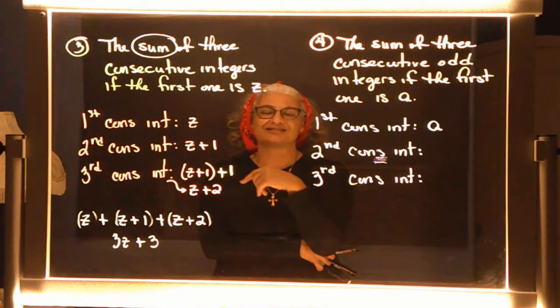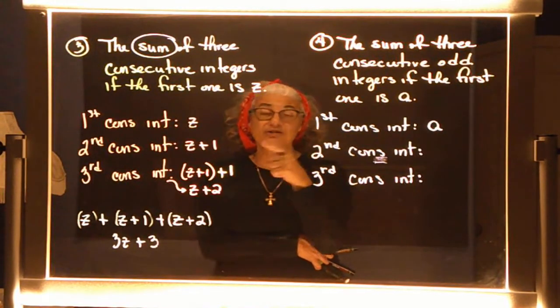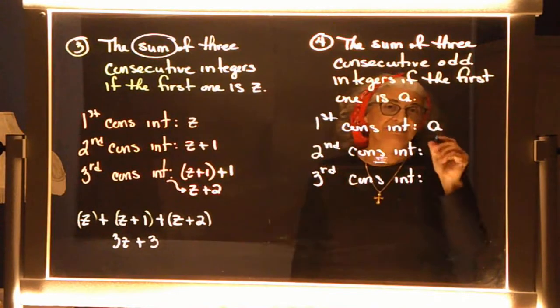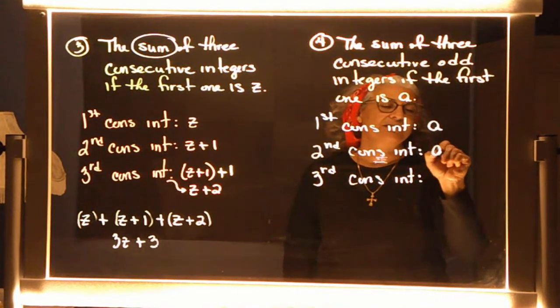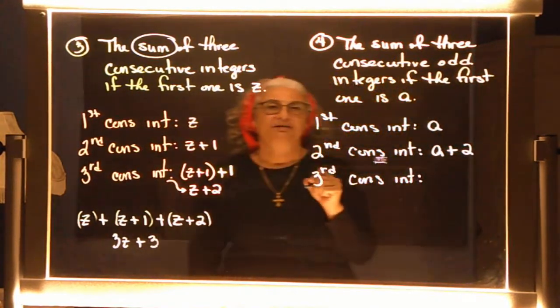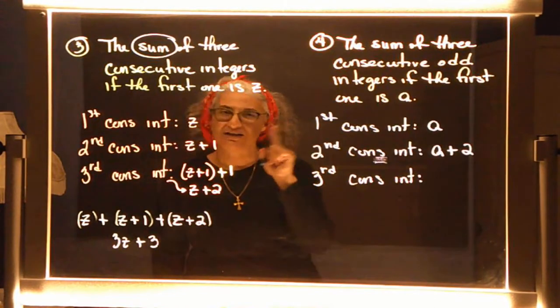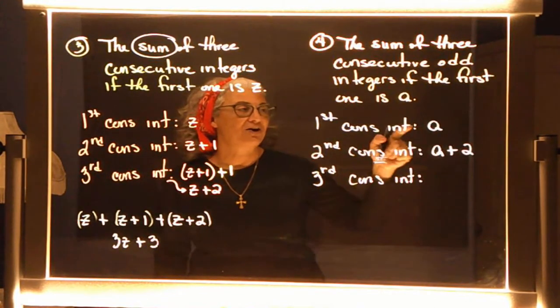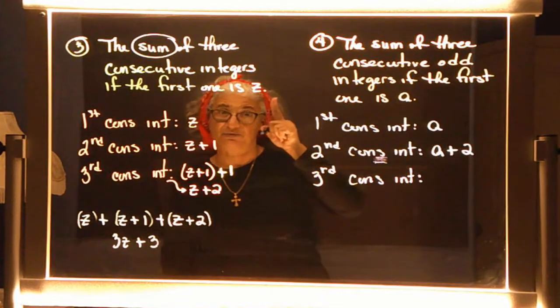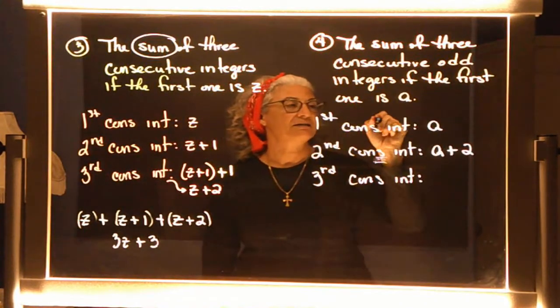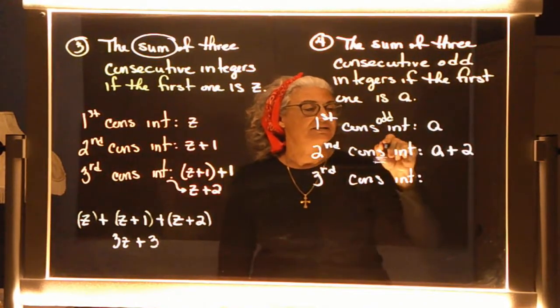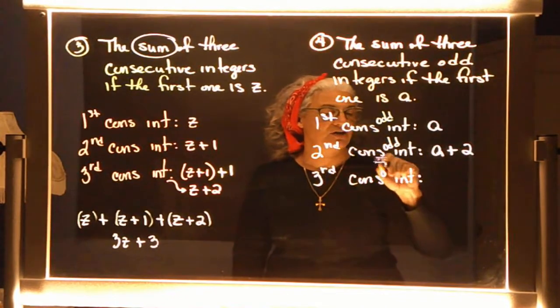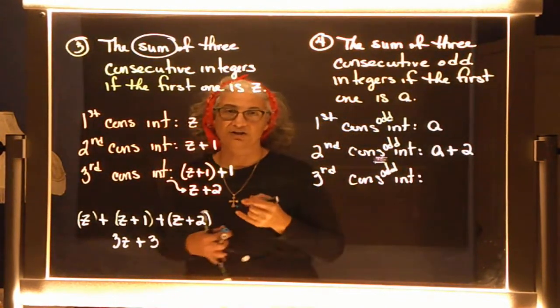Good, I heard you guys. Add 2. So if my first one is A, my second one is, that's right, A plus 2. And you're like, that looks even. A is an, whoops, hold on, I didn't write something. First consecutive odd integer, second consecutive odd integer, third consecutive odd integer.